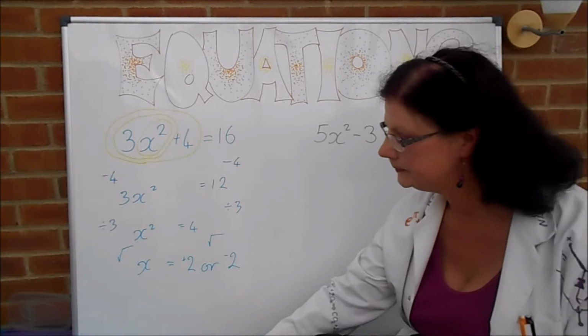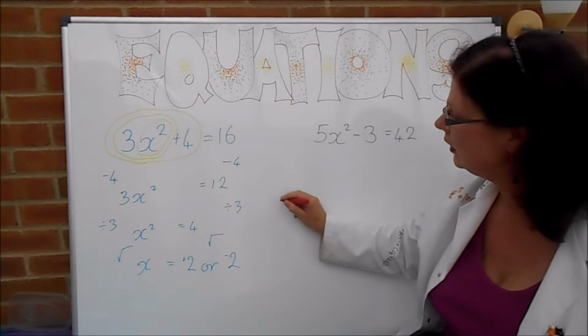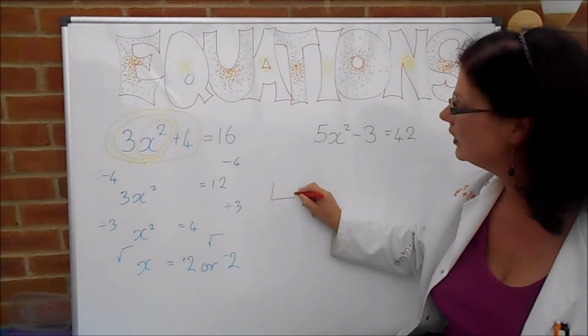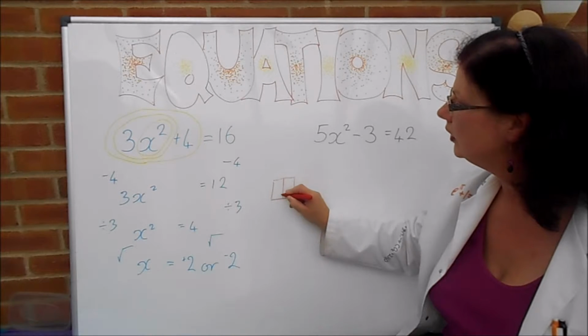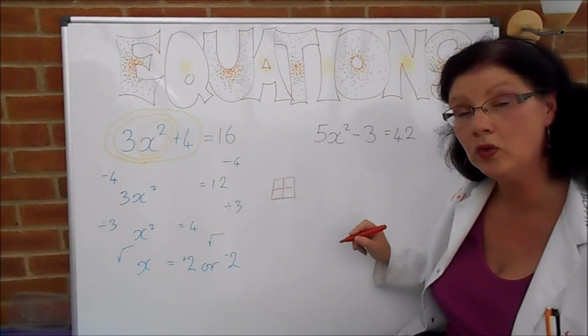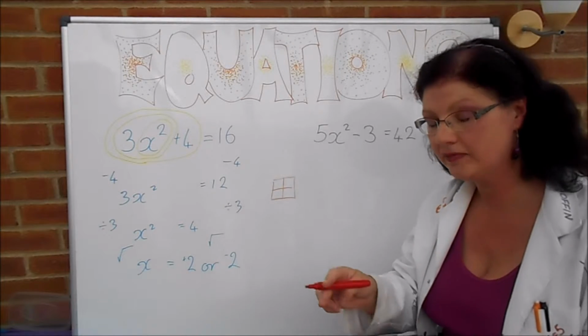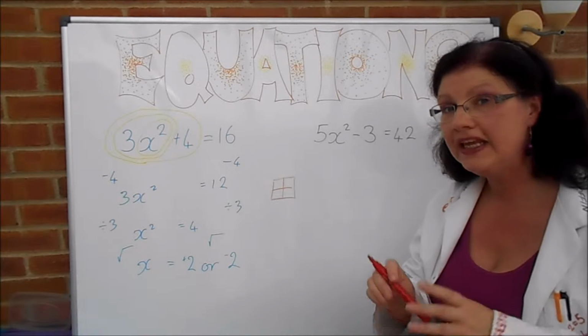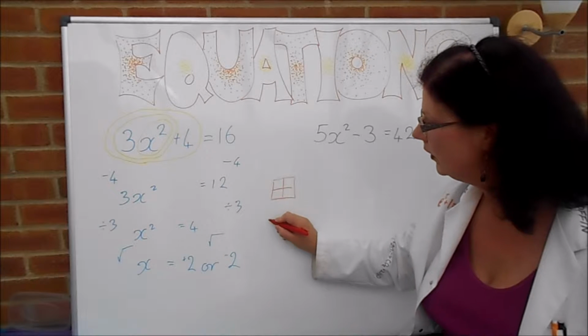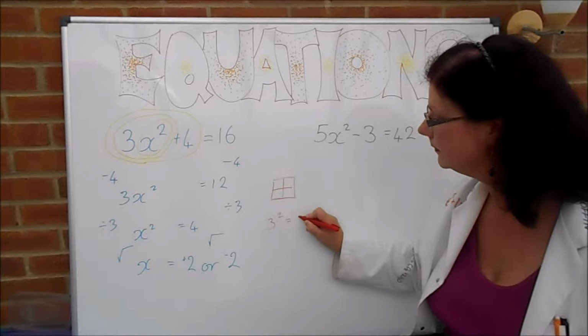The reason for that is one of the little diagrams I say a lot. All squares are positive. You draw a square and you put a little plus in it, it looks like a window. All squares are positive. Any number, when you square it, the answer is positive. Any number, even negative numbers. So 3 squared is 9.